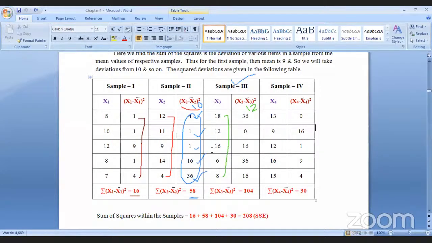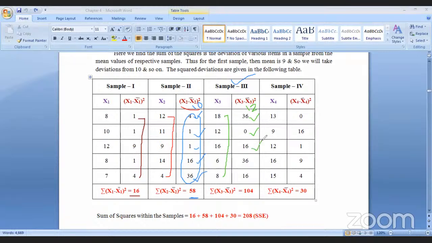Then next, we got 12. 18 minus 12 is 6, 6 square is 36. Next, 12 minus 12 is 0, 0 square is 0. 16 minus 12 is 4, 4 square is 16.